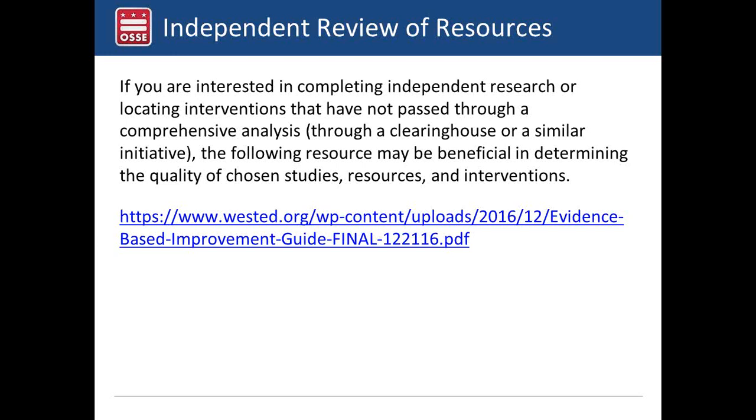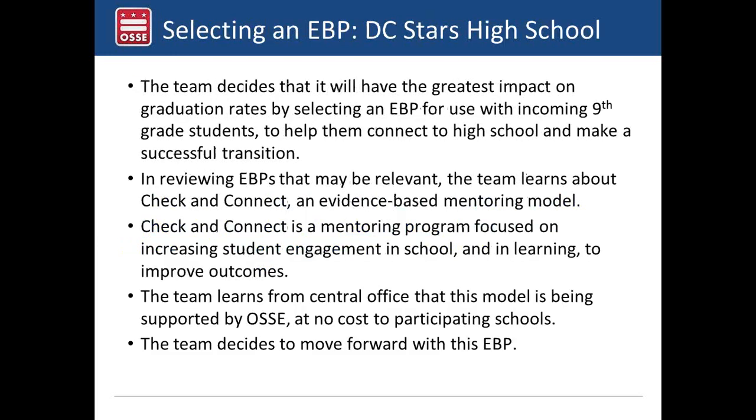Next, we're going to revisit our case study. So back to our case study with DC Stars High School. The team determines that in order to make the greatest impact on graduation rates with incoming 9th graders with disabilities, helping them connect to high school and making a successful transition, they want to select an EBP that is relevant in all identified areas.